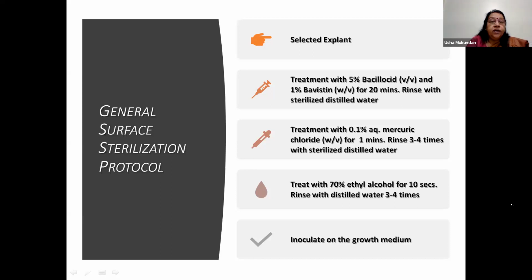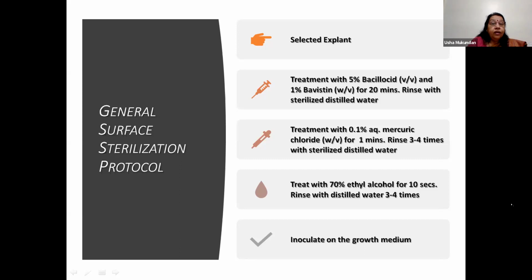Now write down certain words. Decontamination. So what is decontamination? Decontamination means destruction or reduction of number of undesirable microorganisms. Now when I say microorganisms, they include all fungi, bacteria, and viruses.